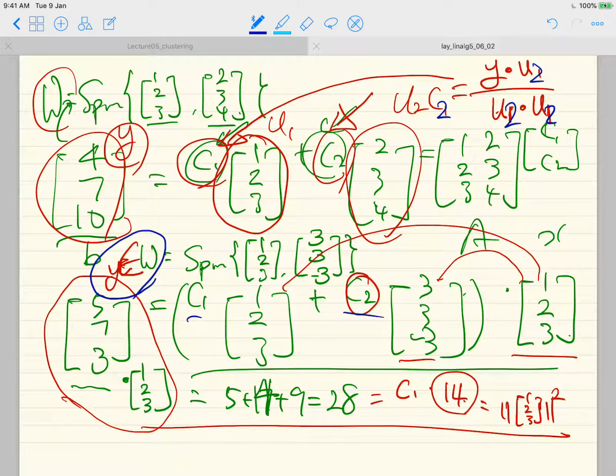But now let's extend this computation into a more general case where this y is not necessarily inside of our subspace. In this case, if y is not inside of our subspace, then we cannot represent it as a linear combination of our basis vectors, right?